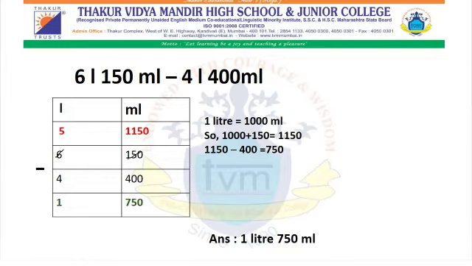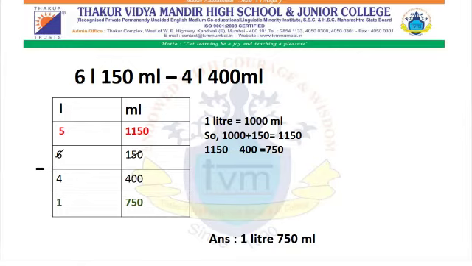Now from 1150 you will subtract 400. So you will get 750. And in the liters place you have 5 minus 4 is 1. So your answer is 1 liter 750 milliliters.